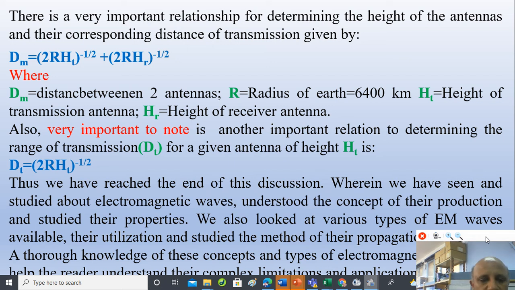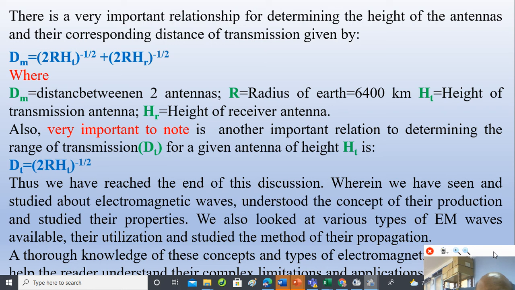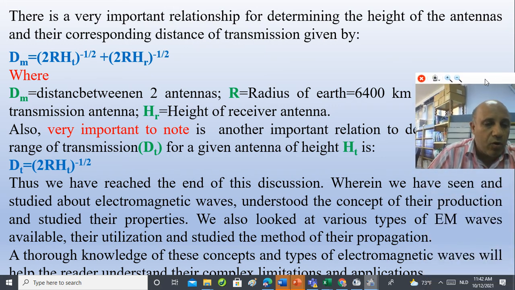We also looked at various types of EM waves available, their utilization, and studied the methods of their propagation. Knowledge of these concepts and types of electromagnetic waves will help the reader understand their limitations and applications.